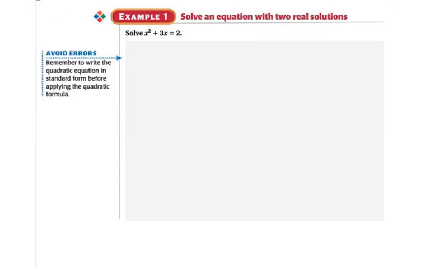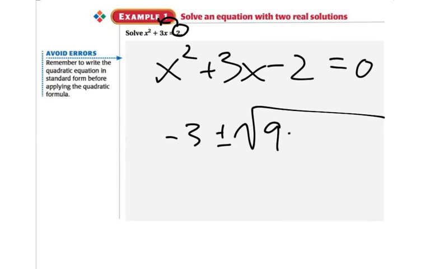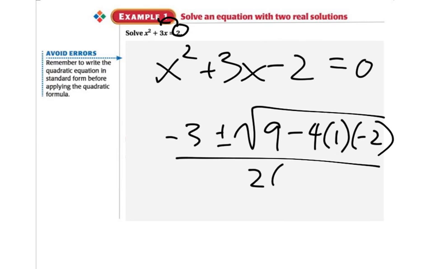So the first thing you need to do is turn it into standard form. So move everything to one side. Notice I changed it to a minus 2 because I moved it over. And then you simply have to plug into the formula: negative b plus or minus the square root of b squared minus 4ac, over 2a.